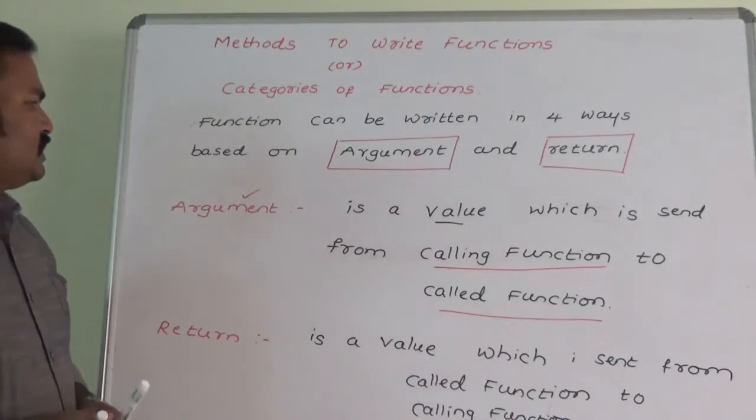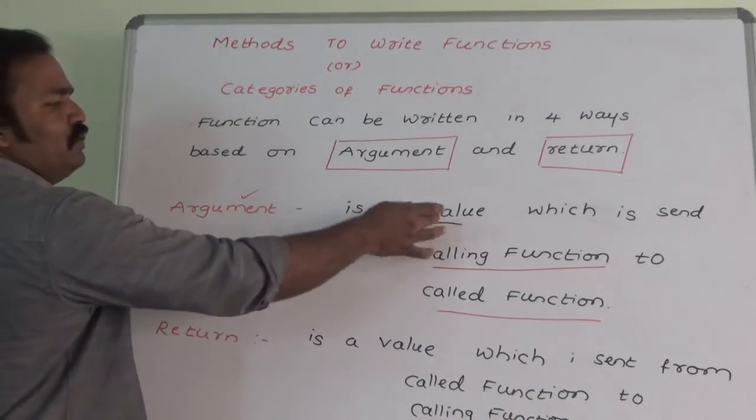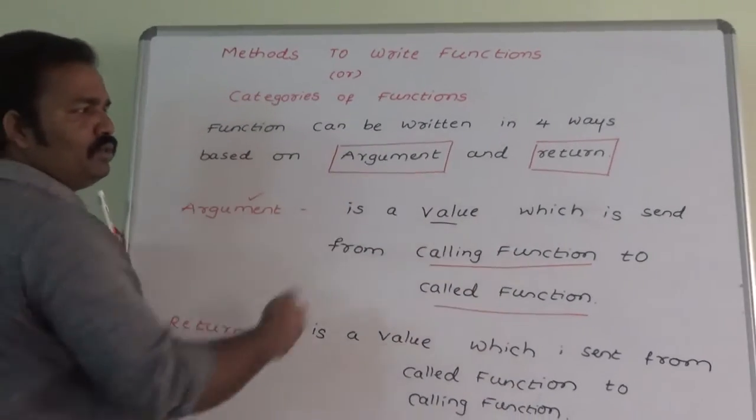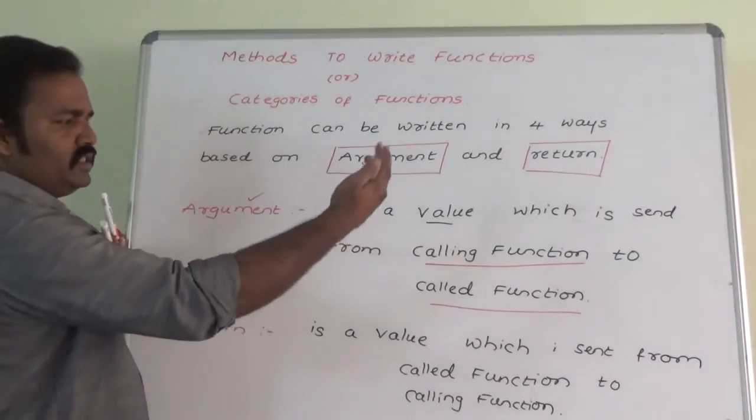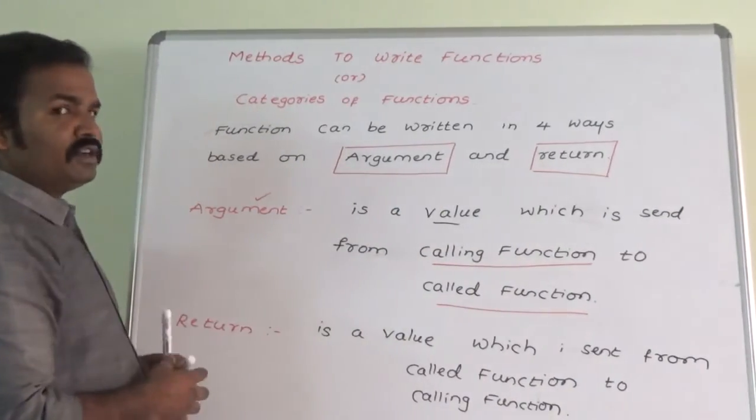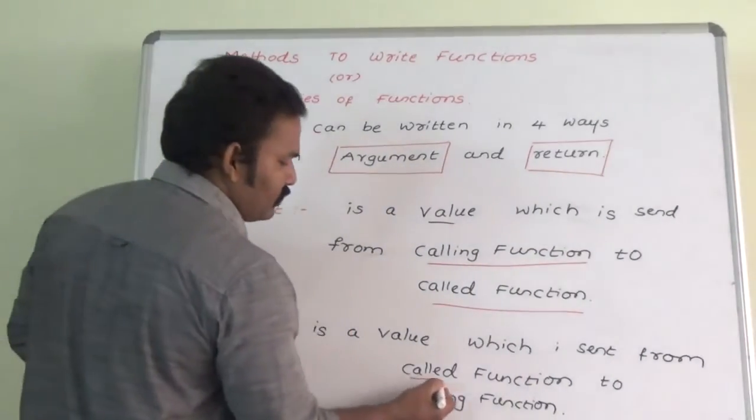So clear? What is an argument? Argument is a value which is sent from calling function to called function. What is return? Return is a value which is sent from called function to calling function.